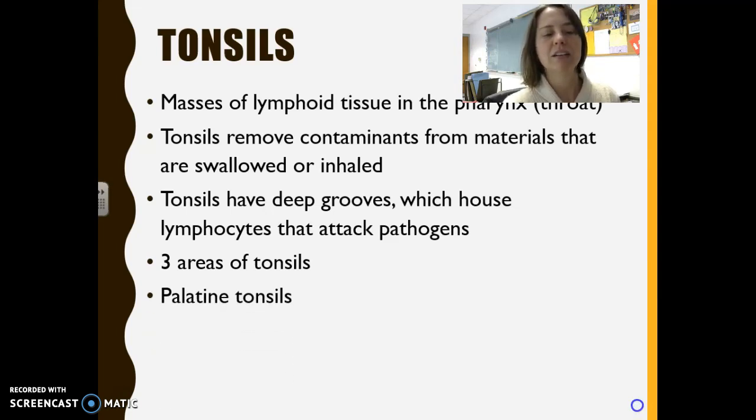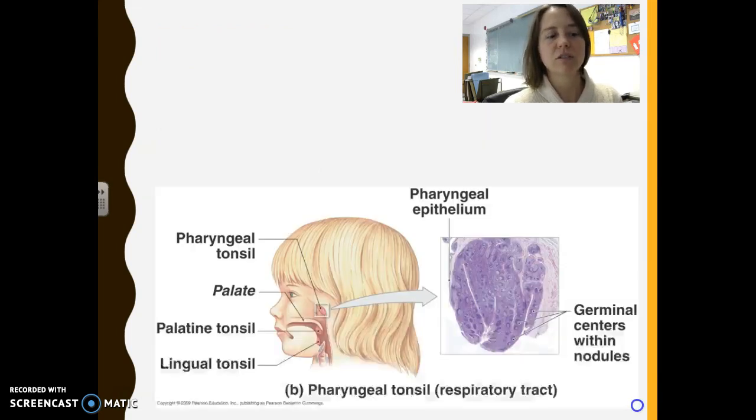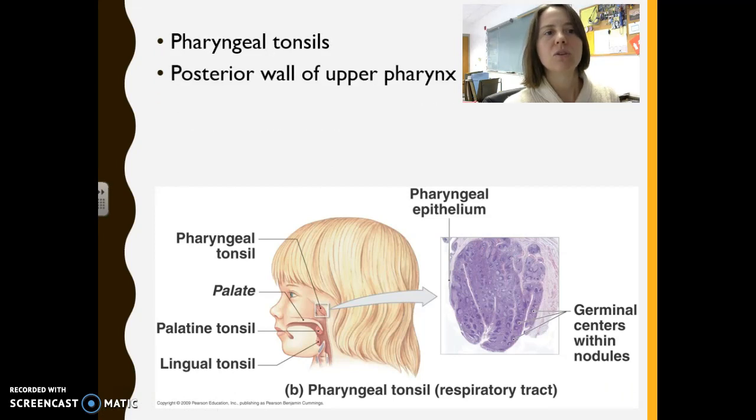Your palatine tonsils, which is the back of the soft palate, and that's what we think of as tonsils. Besides those traditional tonsils, you also have your pharyngeal tonsils, which are located on the posterior wall of the upper pharynx, and they are often called adenoids. And then you also have lingual tonsils.